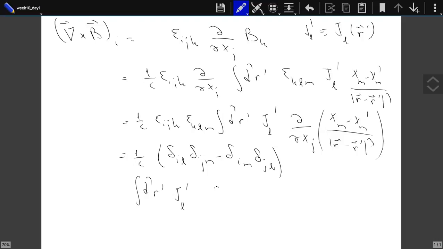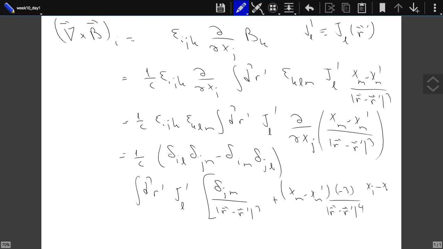So the derivative of x m minus x m prime is Kronecker delta j m divided by R minus R prime cubed, plus x m minus x m prime times minus 3 over R minus R prime to the fourth, times x j minus x j prime divided by R minus R prime.